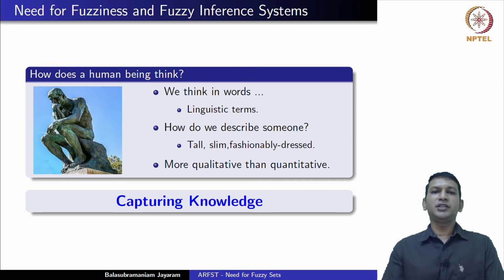If you want the machine to think like a human being, then it was important to understand how human beings thought. And as is clear, largely we think in terms of linguistic terms. So it was essential that we capture knowledge into a mathematical construct and give it a representation that is both appropriate and amenable for further processing.